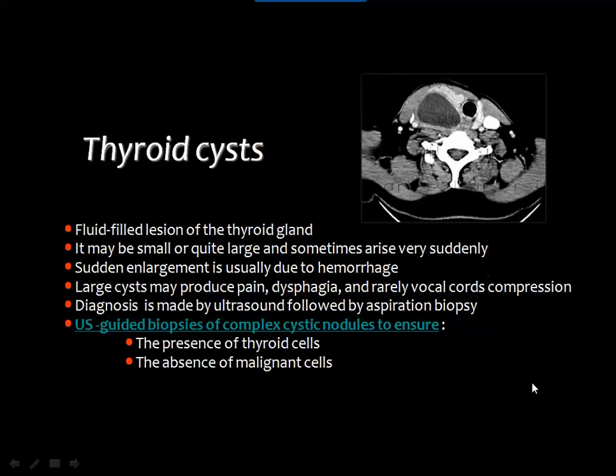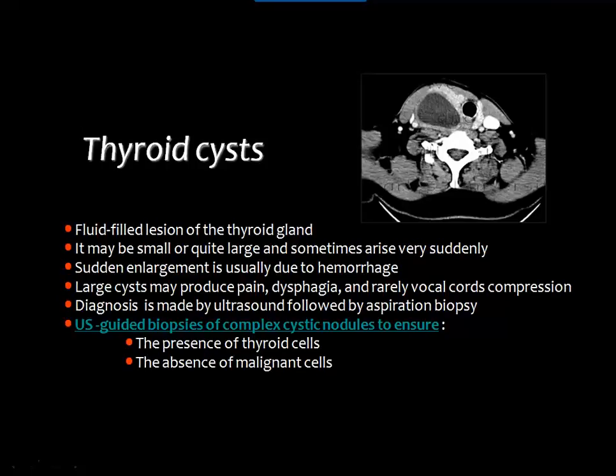nodules. Then whenever you have imaging by ultrasound, CT, or MRI, you can see a cyst which is filled with fluid related to the thyroid gland. This cyst usually shows hypodense fluid contents unless it bleeds.